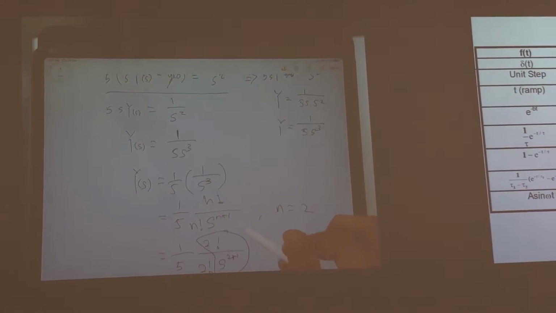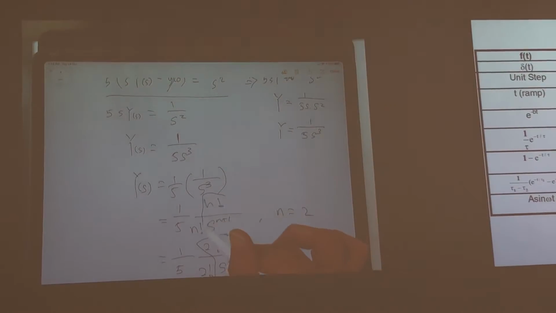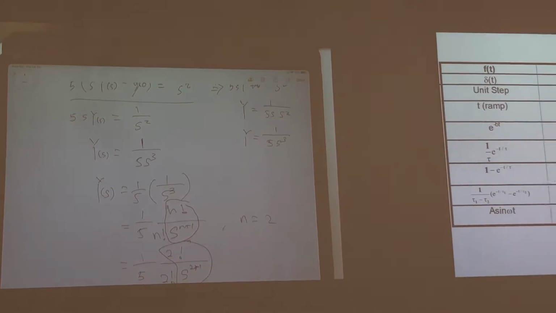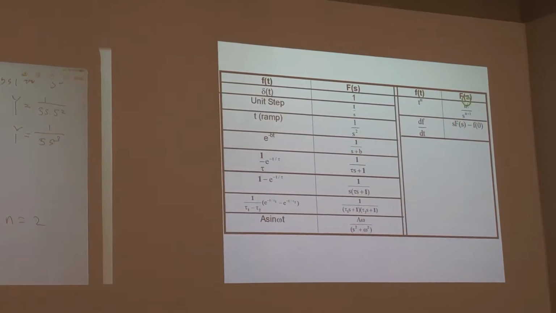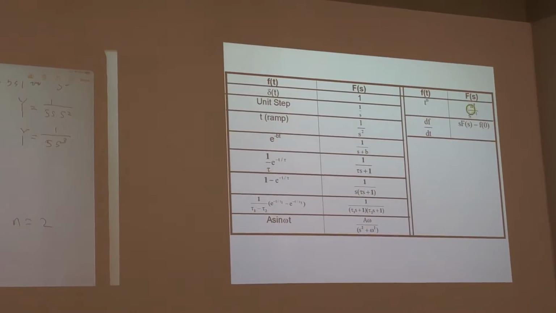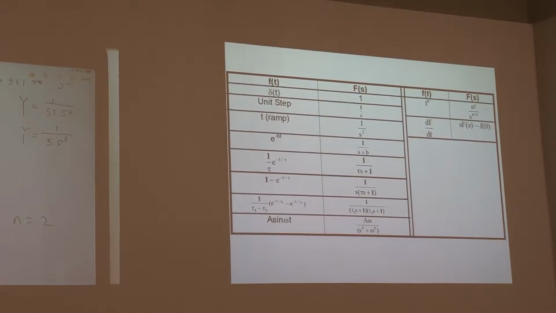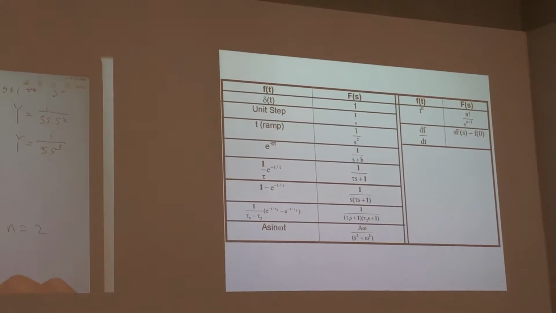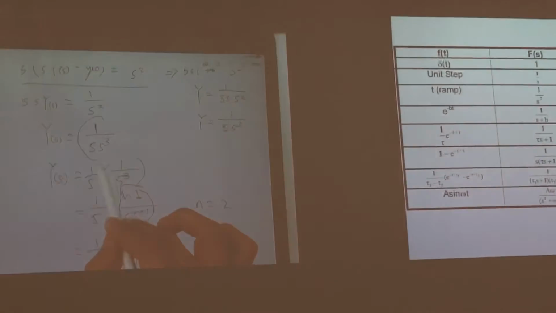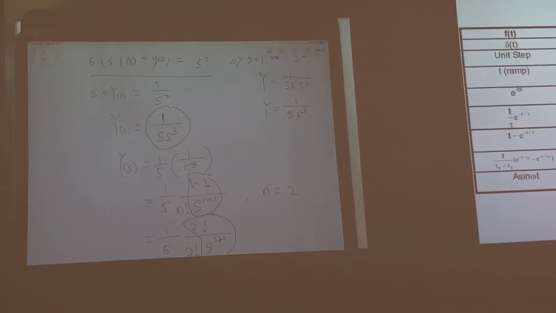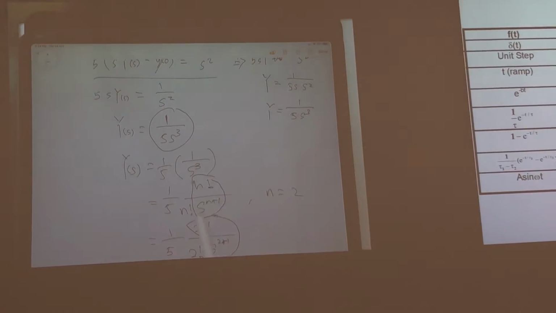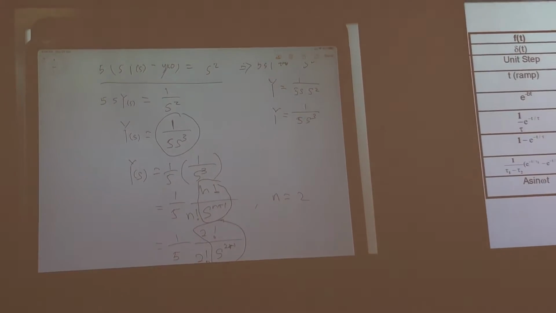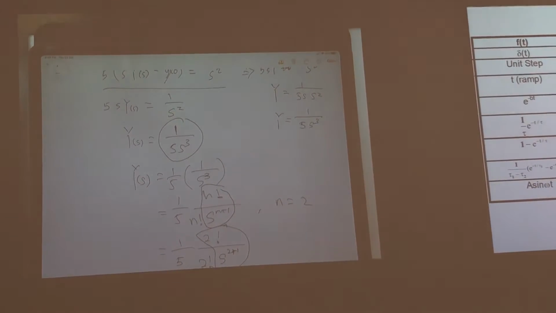The reason I want to arrange this is to get n factorial divided by s power of n plus 1 into this format. So if I divide by an n factorial here, I can make it similar to this format. This n factorial divided by s power of n plus 1, I compare to that, and I know my n is 2.